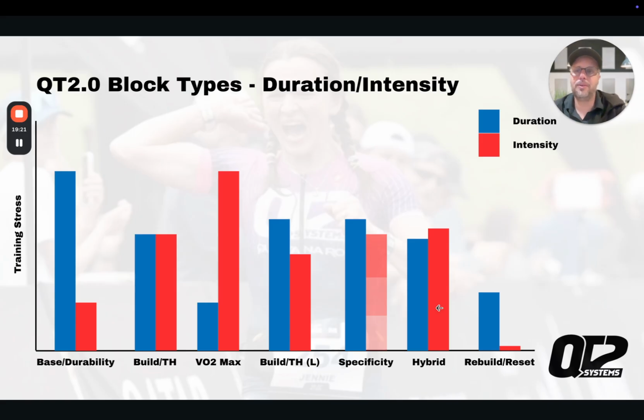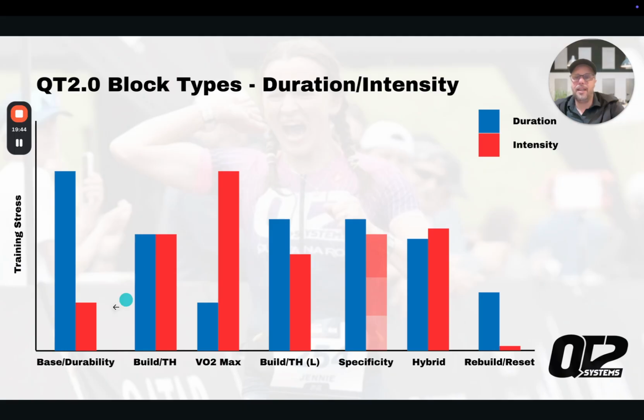And then lastly, we just have a little graphic to give us a sense of how the training stress interplays between duration and intensity, depending upon the block type. So over here on the y-axis, we have total training stress, which is really just a summation of duration and intensity.